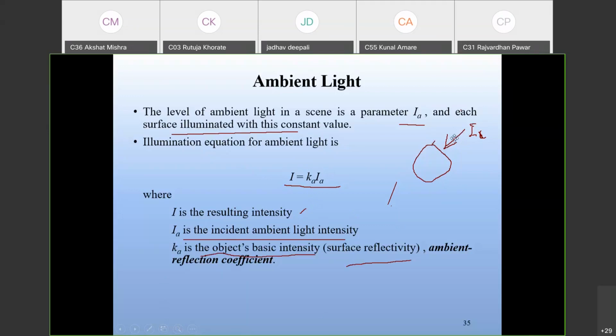Once the light is incident on the object, some part of it is absorbed and some part is reflected, and then with our eye we can see the object. That reflection coefficient is Ka. The multiplication of these two is the resulting final intensity of that particular object in the ambient light.